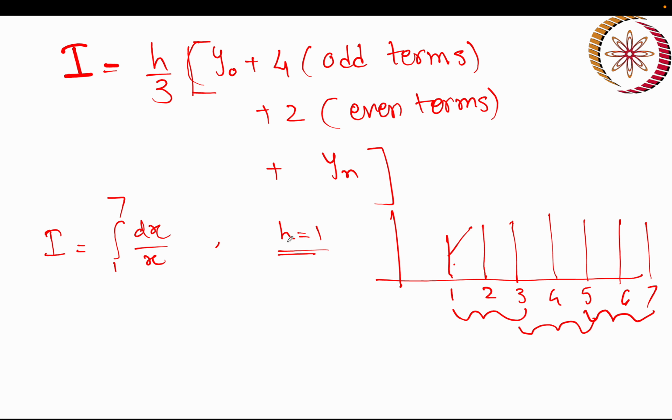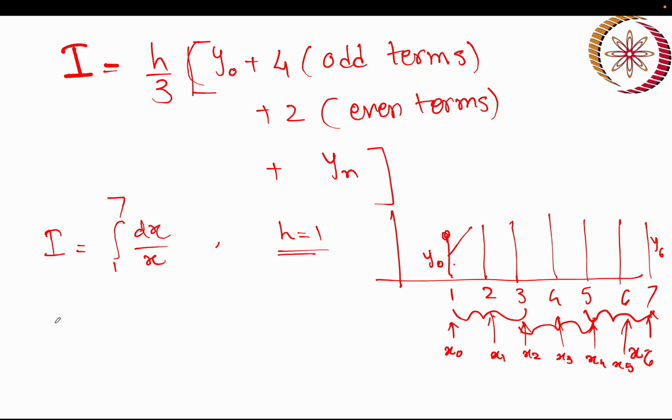So we can use the step size h equal to 1, and in this case this will be x0 and the function height will be y0, and this will be x1, this is x2, x3, x4, x5, x6, and this will be y6.